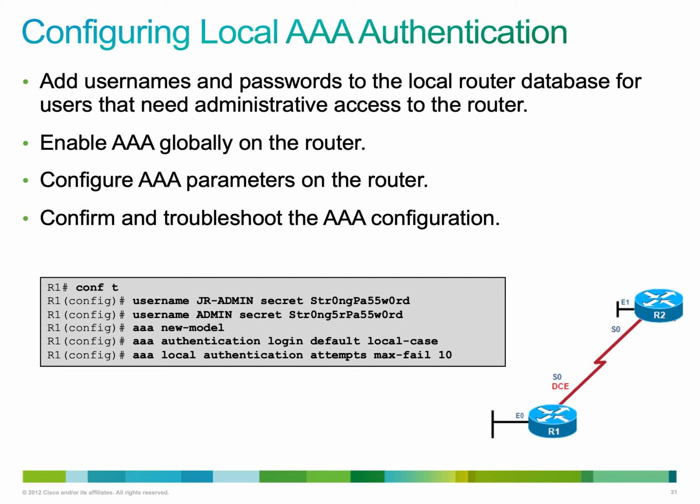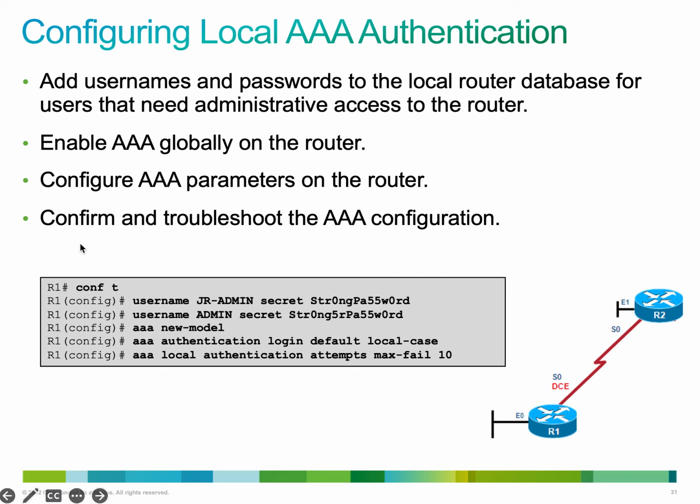Another thing in configuring AAA authentication is to enable AAA globally on the router. If not, the router will not be able to do this. The third thing is to configure the AAA parameters on the router. Then the fourth one is to confirm and troubleshoot the AAA configuration.